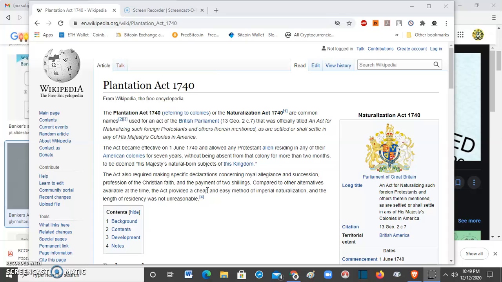And the payment of 2 shillings, compared to other alternatives available at the time, the act provided a cheap and easy method of imperial naturalization, and the length of residency was not unreasonable.